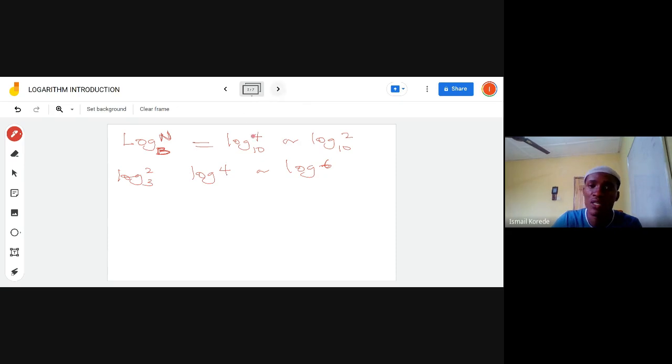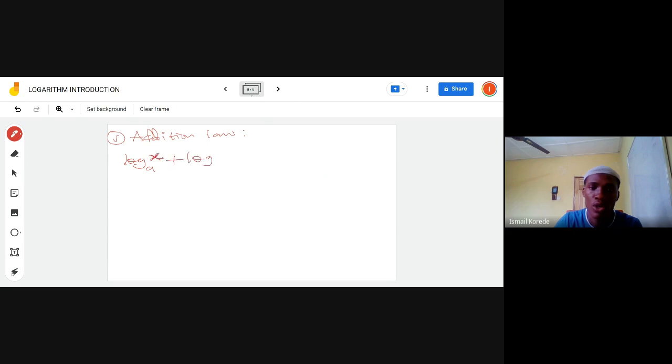So the first law is the addition law. This law states that whenever you have log of a particular number to a particular base, plus log of another number to that same base, note, it has to be the same base.